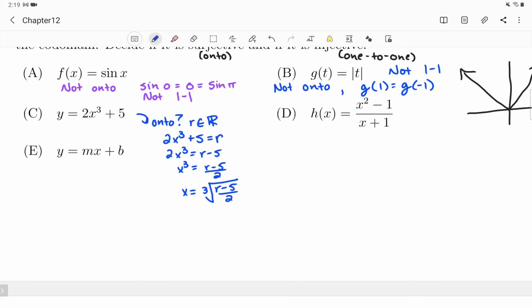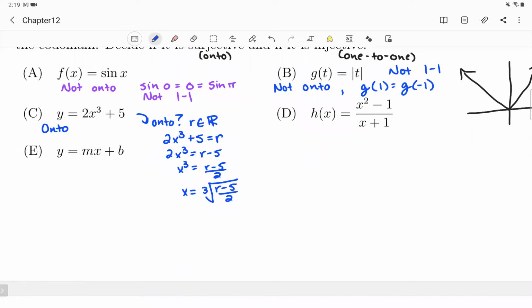If you say, no, I want you to output -13, I plug in the cube root of (-13 minus 5) over 2. So this is actually onto. We'll see how to prove that in a second, but we're just getting an idea now.